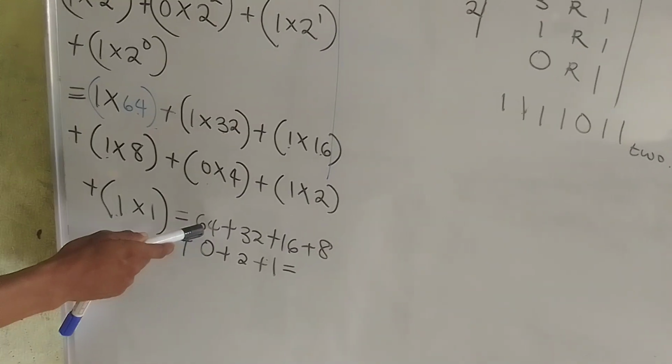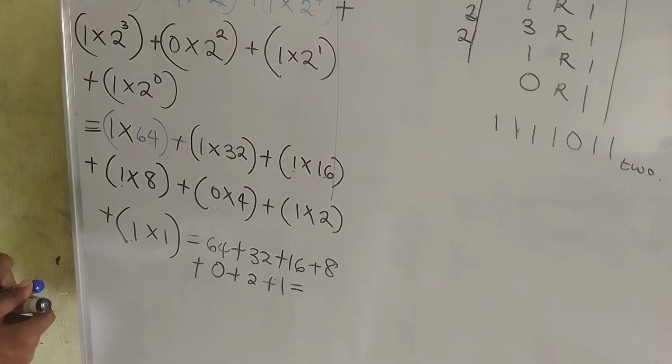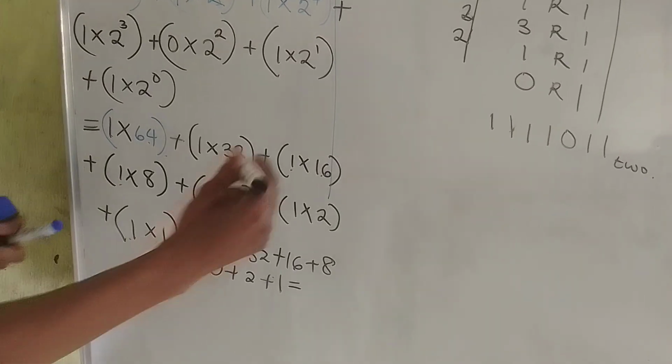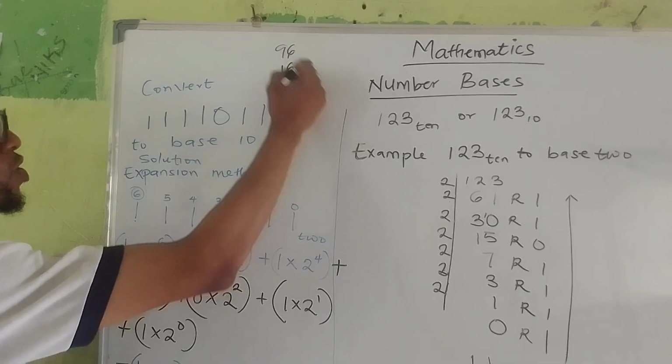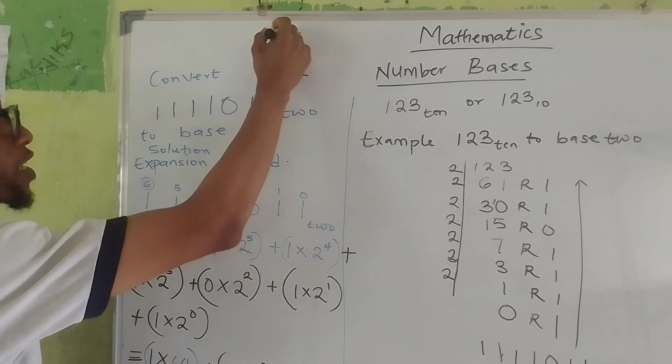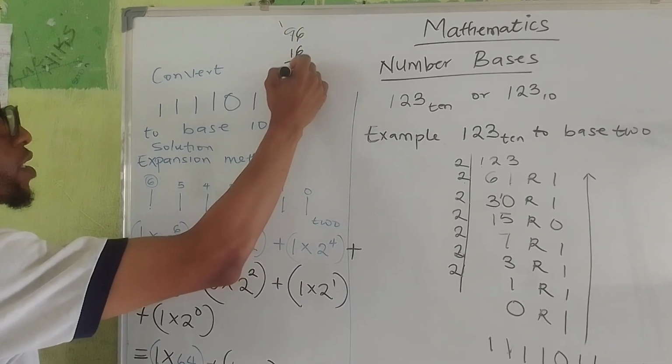So 64 plus 32 will give us 96. 96 plus 16: 6 plus 6 is 12, you carry 1. 9 plus 1 is 10, plus 1, you have 11.